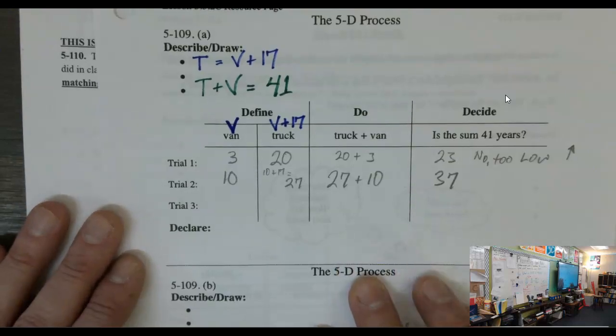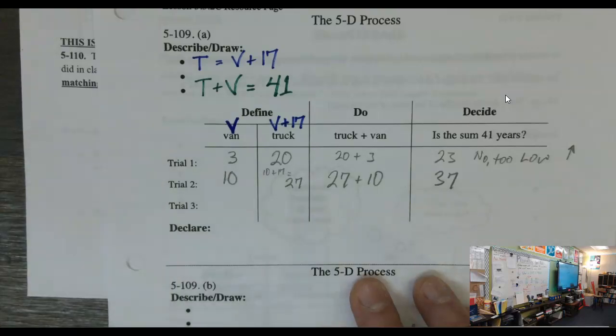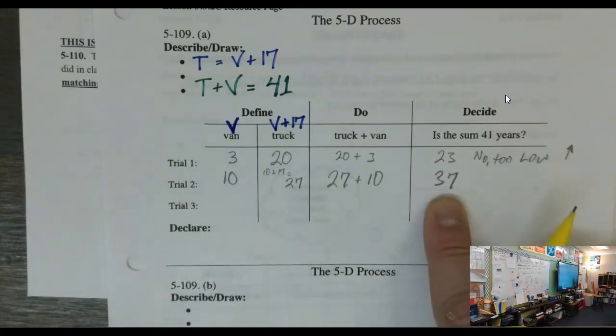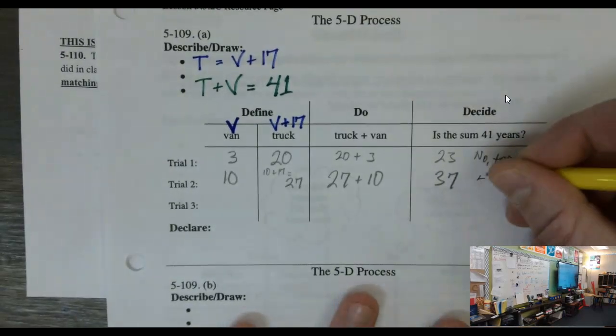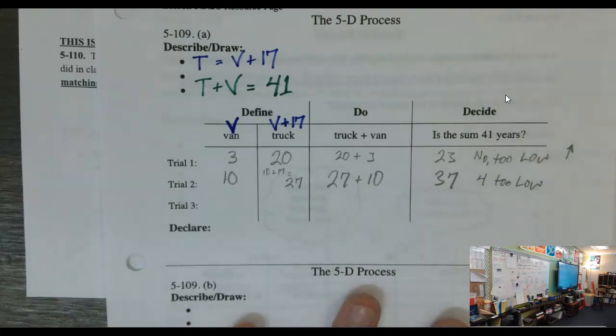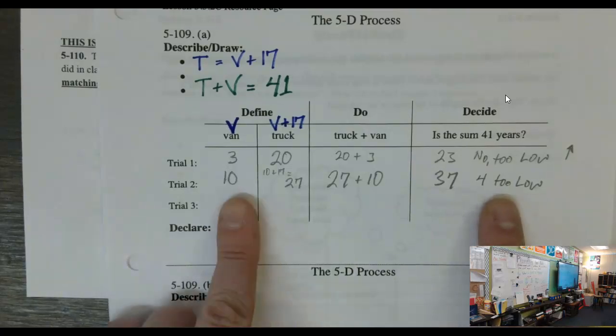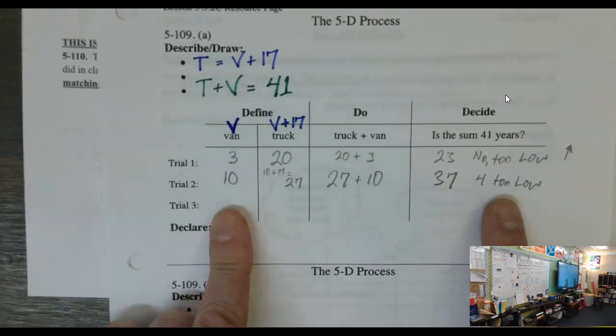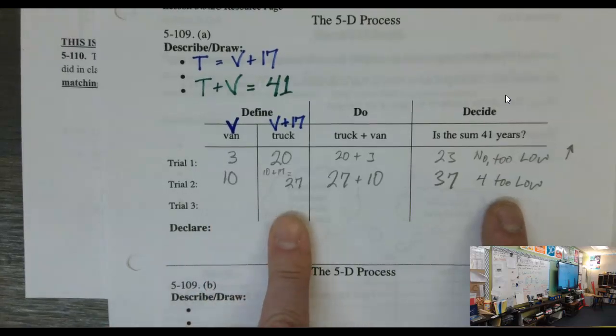Josh: I figured out 10. So with 10, the answer is 37, which is 4 away from 41. So all I did was split the 4 in half. So Josh is saying we're 4 too low. If I make the van 4 years older, the truck is going to get 4 years older too.